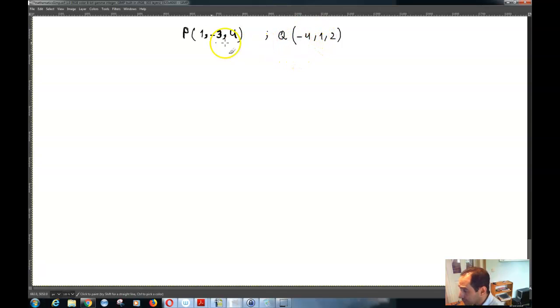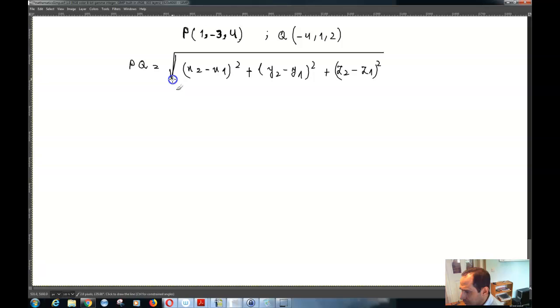So what that means is that your PQ, the distance between P and Q, is the square root of x2 minus x1 whole squared plus y2 minus y1 whole squared plus z2 minus z1 whole squared.